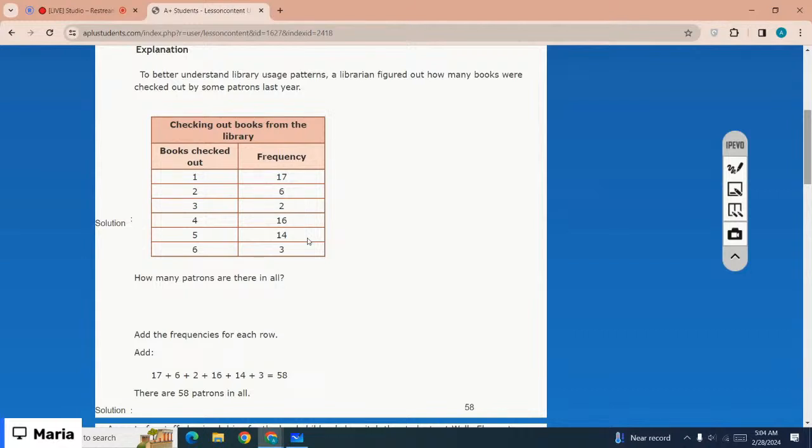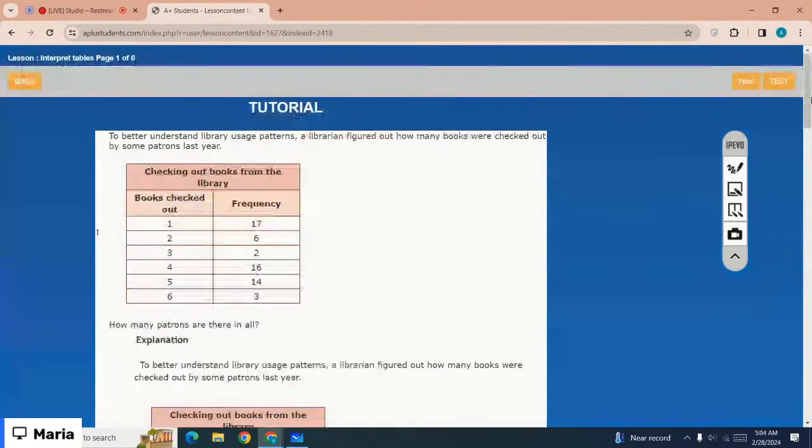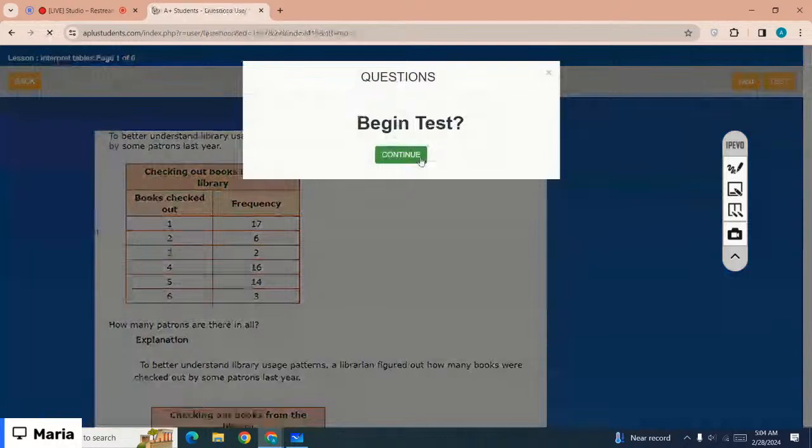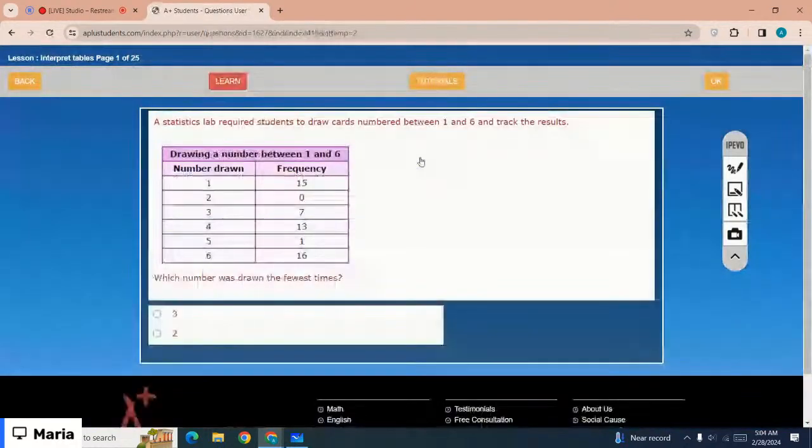Okay, let's just start with the practice questions. A statistics lab required students to draw cards numbered between 1 and 6 and track the result.